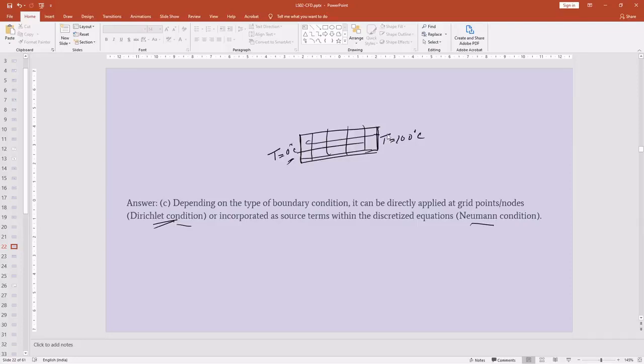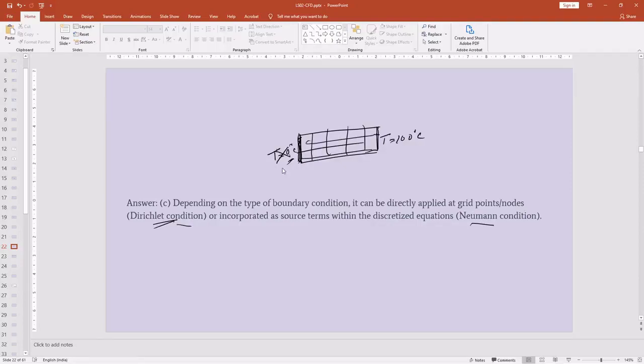Suppose at this end it is not zero, but this end I have insulated. Meaning, I can't give any temperature there, because this side is completely insulated with something. So I can't give a particular value of temperature there.